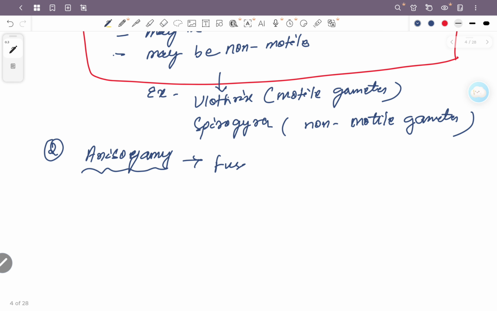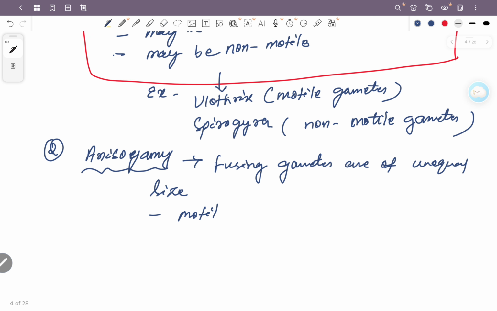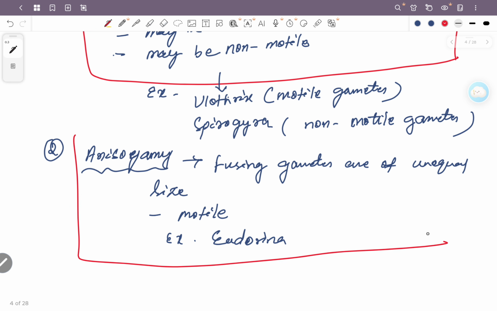So the fusing gametes are of unequal size and they are motile. Okay, for example, Eudorina. Okay, this is the example. So remember, children, in anisogamy the fusing gametes are dissimilar. They are not similar in size and shape and they are motile.